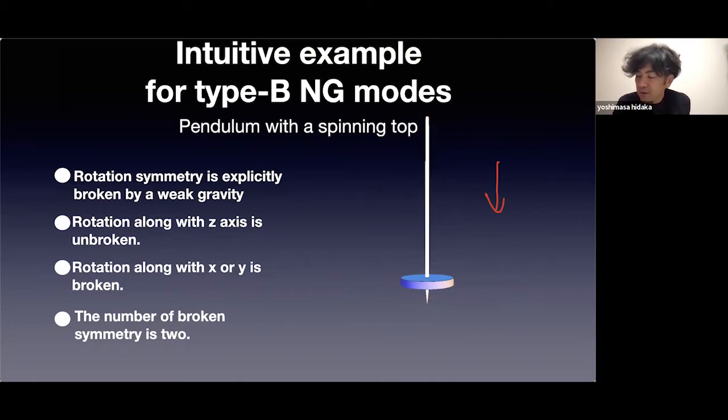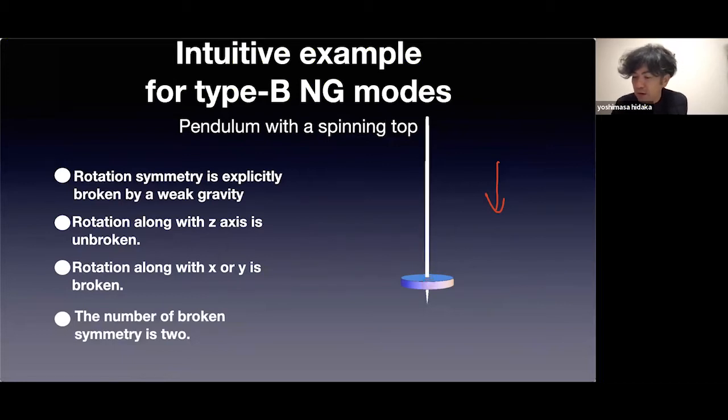But there is still rotational symmetry along the z-axis, which is unbroken. The x direction and y direction are broken. Since there is gravity, there is some oscillating mode.